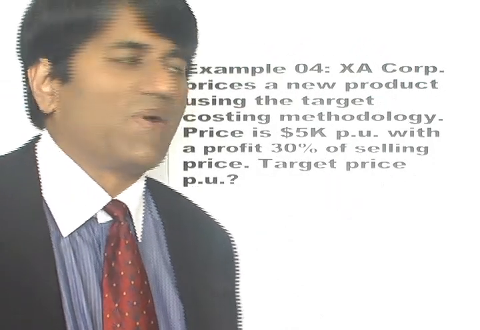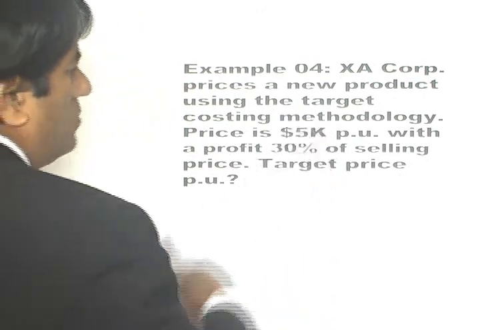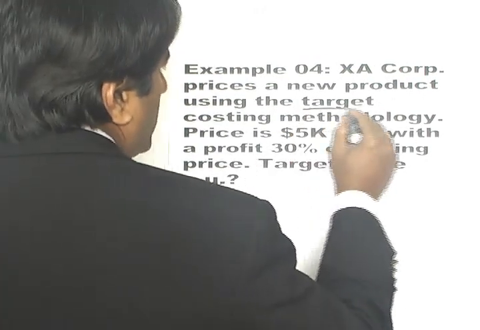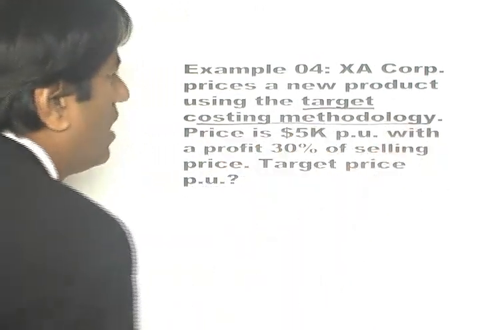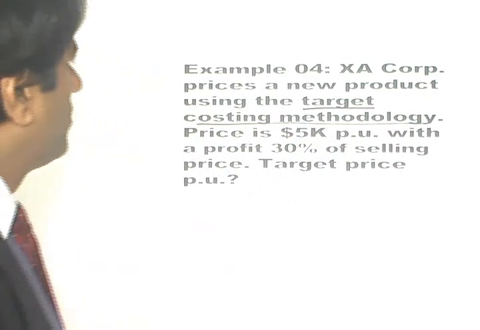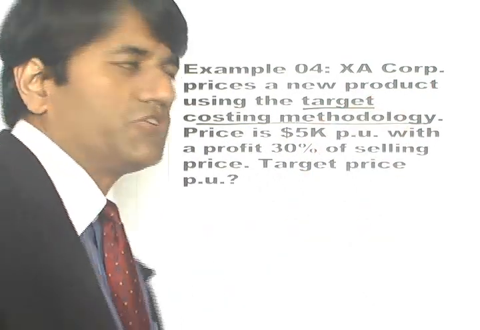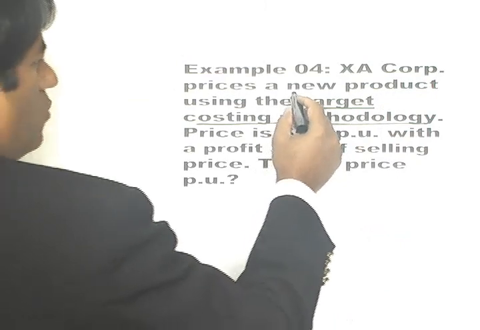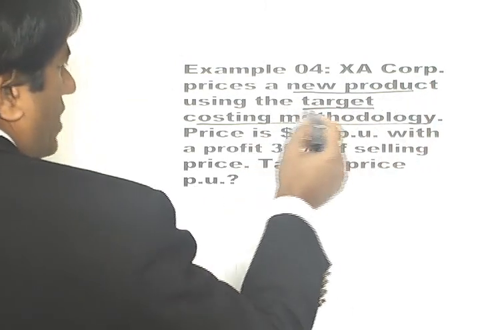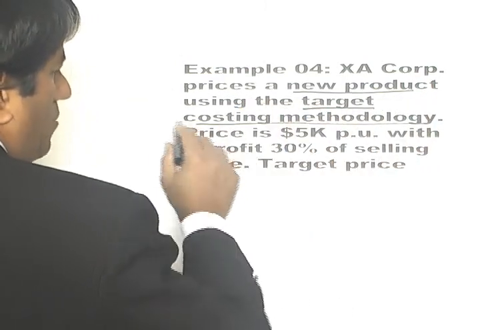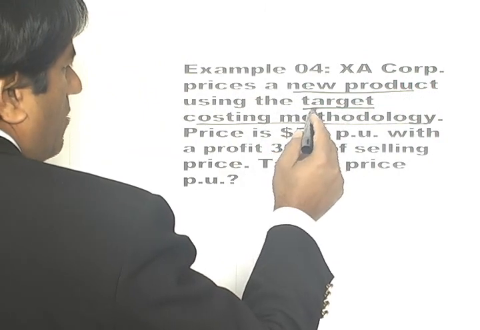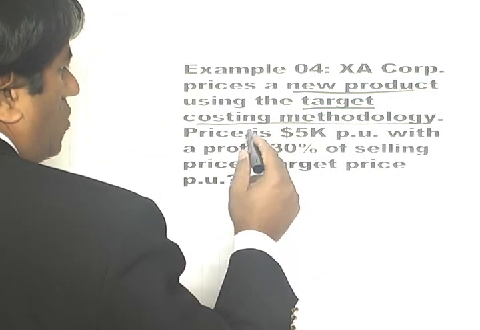Here we have a question using target costing methodology. And here we have this corporation wanting to produce a new product, and it wants to price the new product using the target costing methodology.